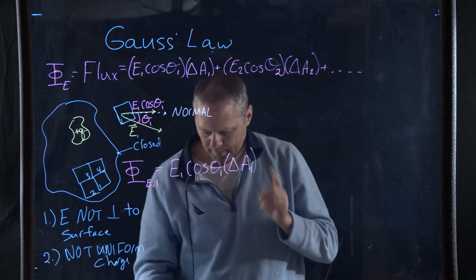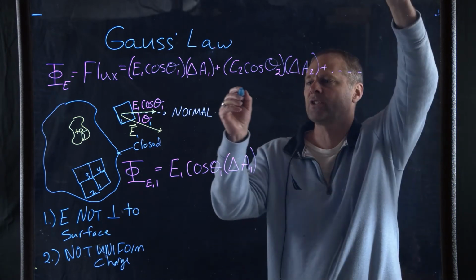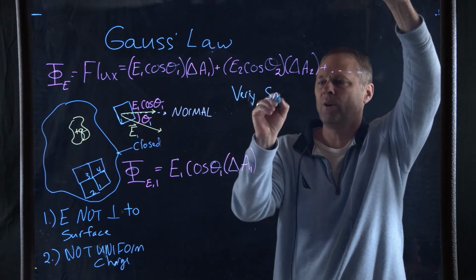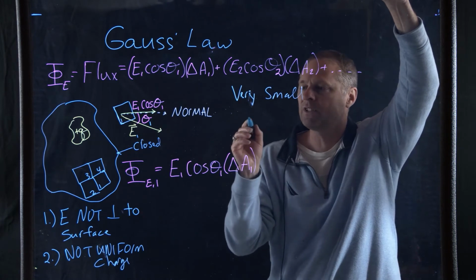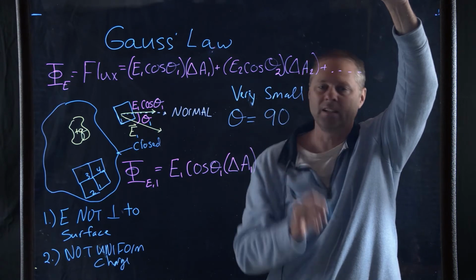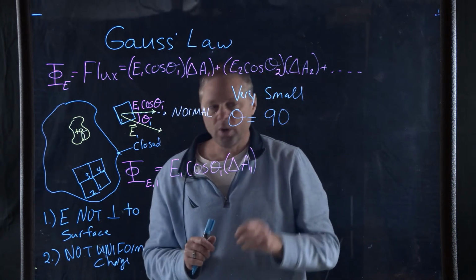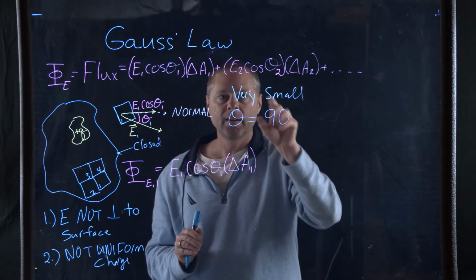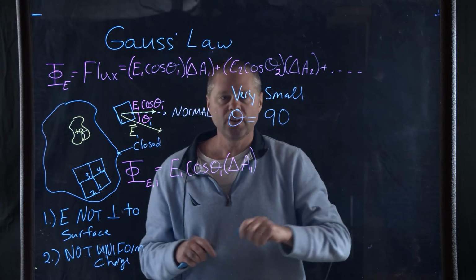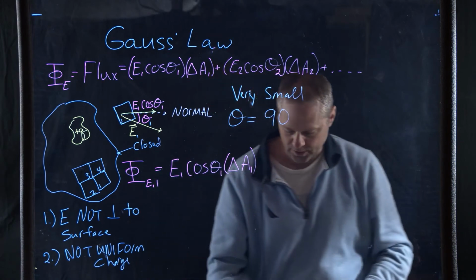Now, let's be kind of clever about this. Let's choose a very small surface, such that the surface is so small that our theta has to be 90 degrees. We're going to make these areas so small that the electric field has to be perpendicular to the actual surface.